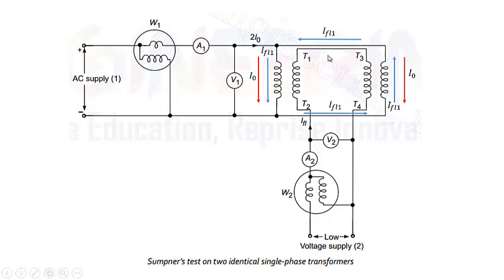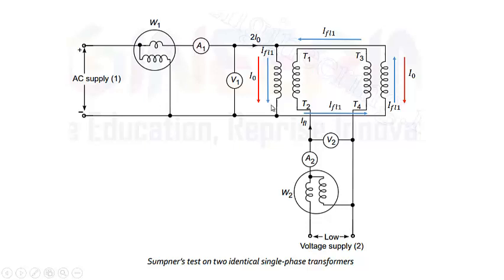It will not follow this path. Actually, it will circulate in this primary winding circuit, like this. So there will be no burden of this primary current, the counterbalancing current of the secondary current, on the supply. It will circulate in this.